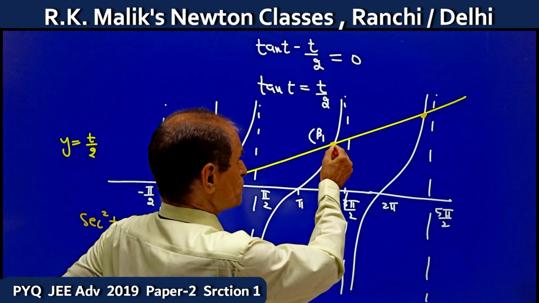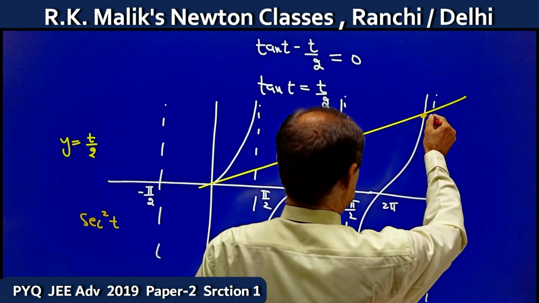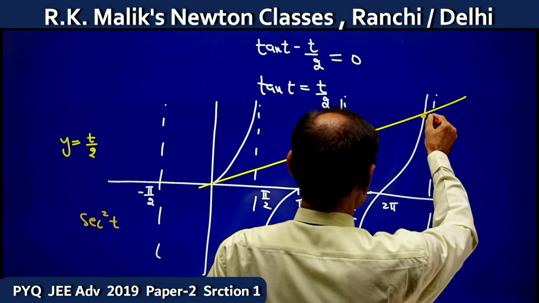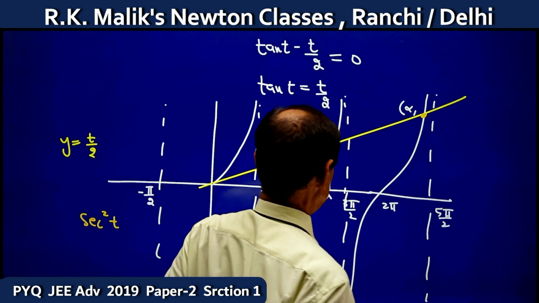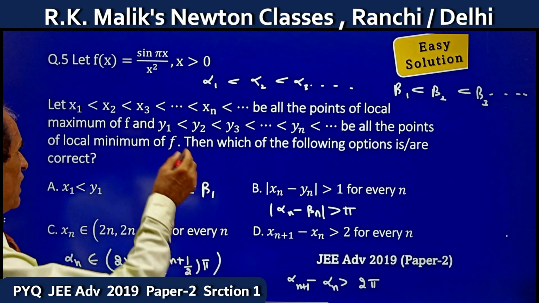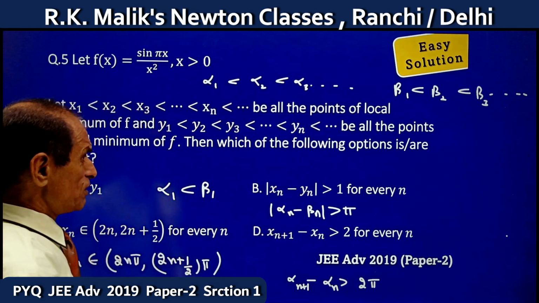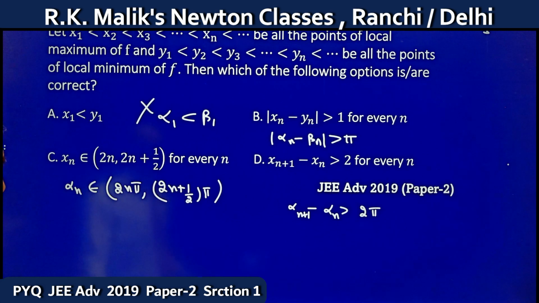If at this point local minima has come, then it is sure that at this point local maxima will come. Therefore, I can say the x coordinate of this point will surely be alpha 1, because according to this information, these are the points of local maxima. Hence, alpha less than beta 1 becomes a wrong choice.